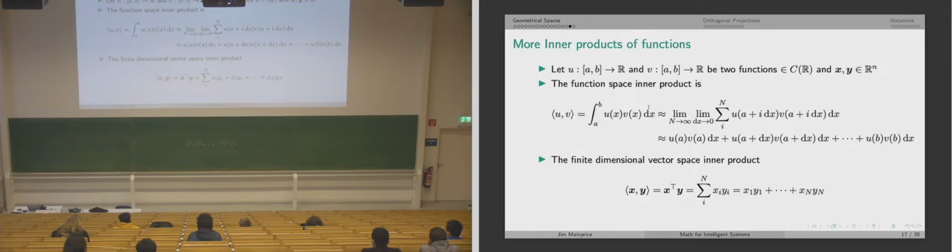So the intuition behind this is that in function space, the image of a certain function defines its coordinates as a vector.